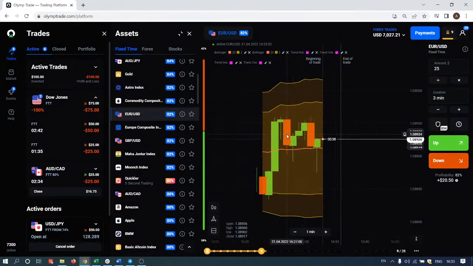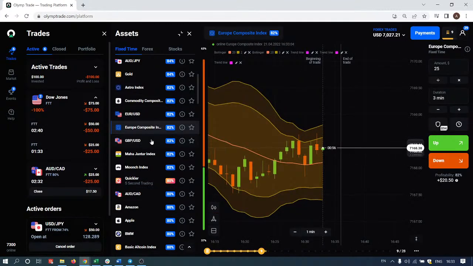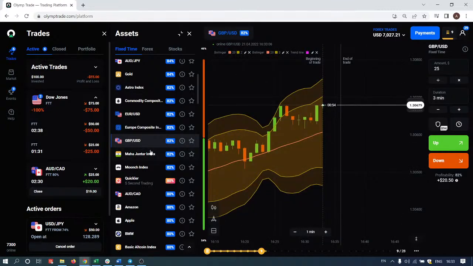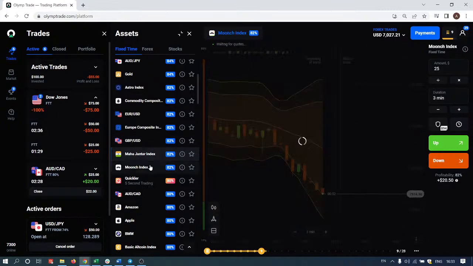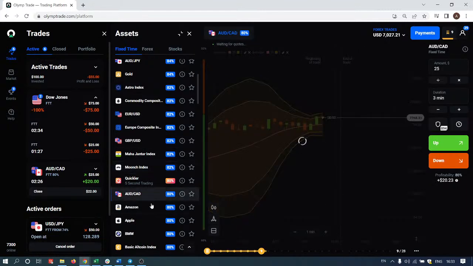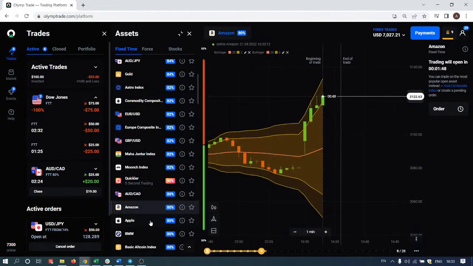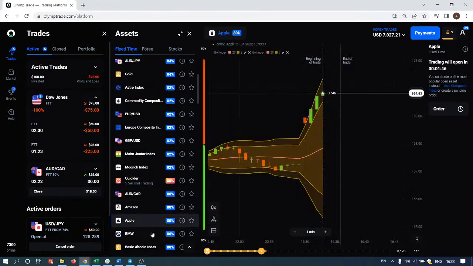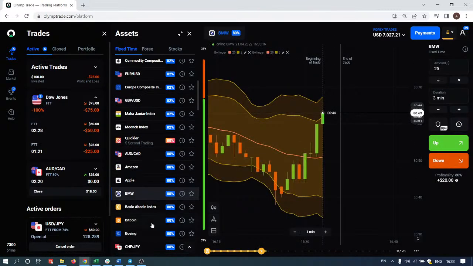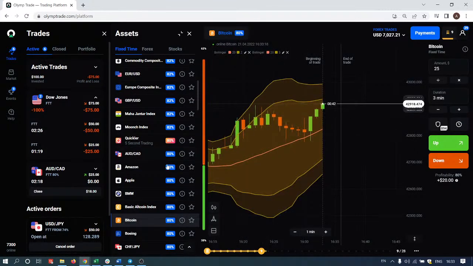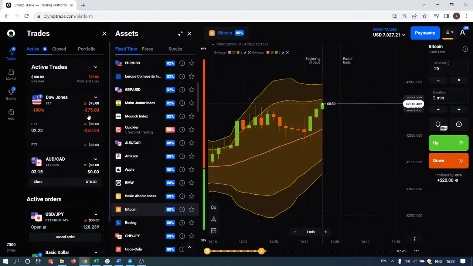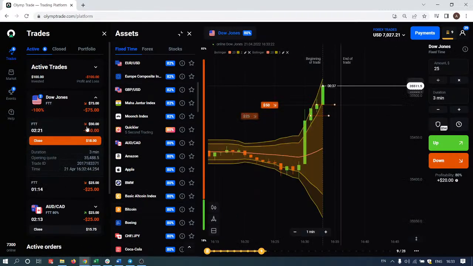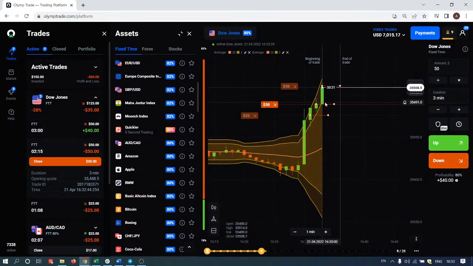double Bollinger, double confirmation. Wow, we're pushing north again, and let's open another trade.